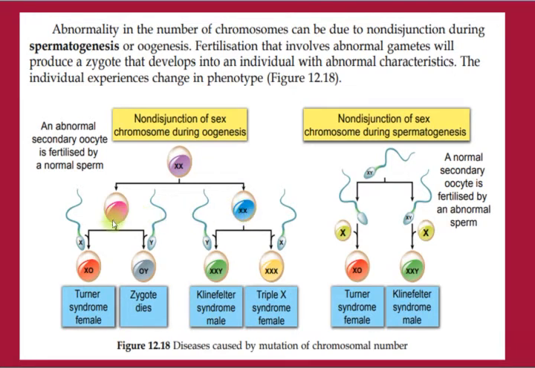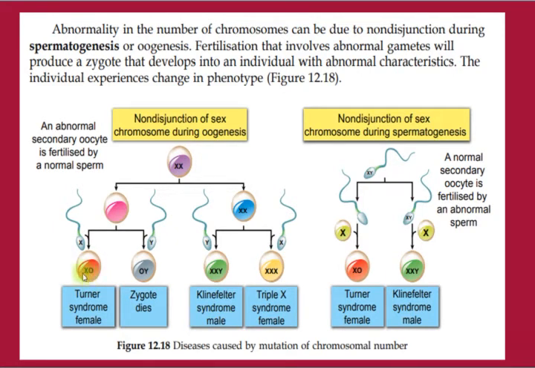If fertilization occurs, we take a look at this one. This is the gamete that carries none of the sex chromosomes. What happened here? Fertilization occurs, so it will produce a zygote with XO.